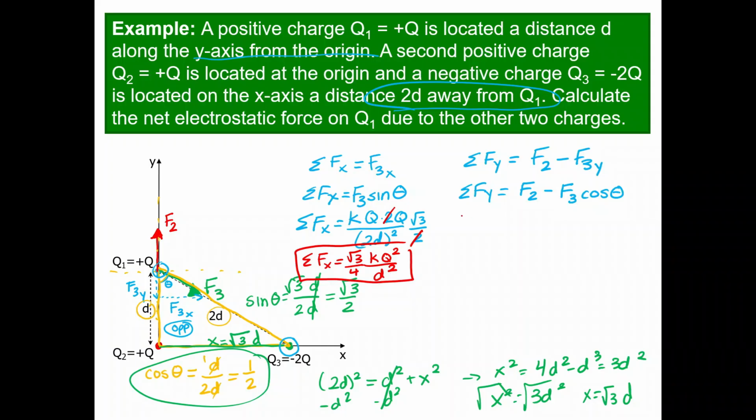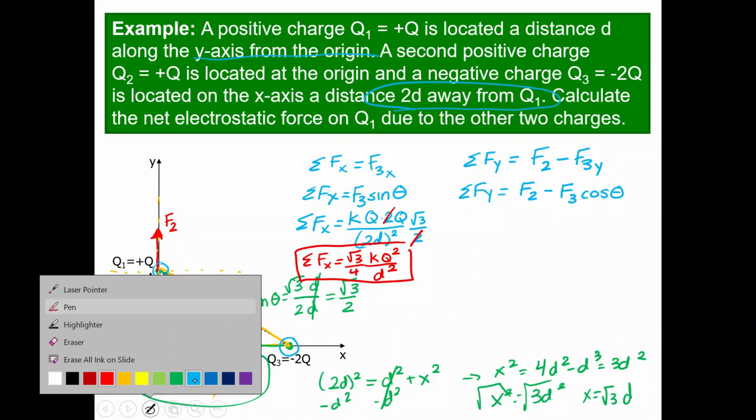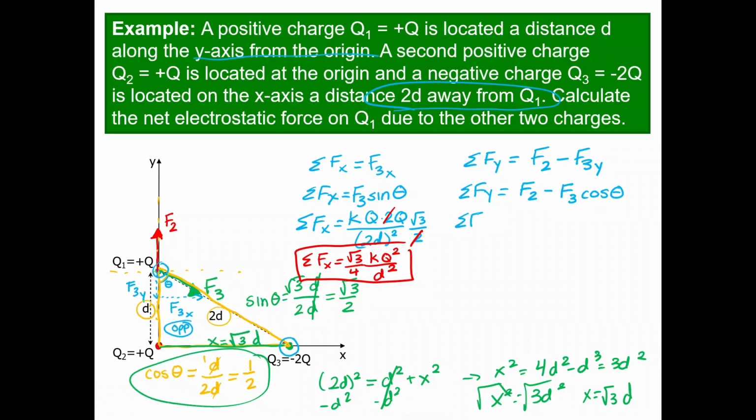And then in the y direction, I'm going to have to do something similar. So F2 is between positive q and q. So that's just going to be k, q times q, which is q squared, divided by the distance d squared, minus F3, which is going to be the same as over here.